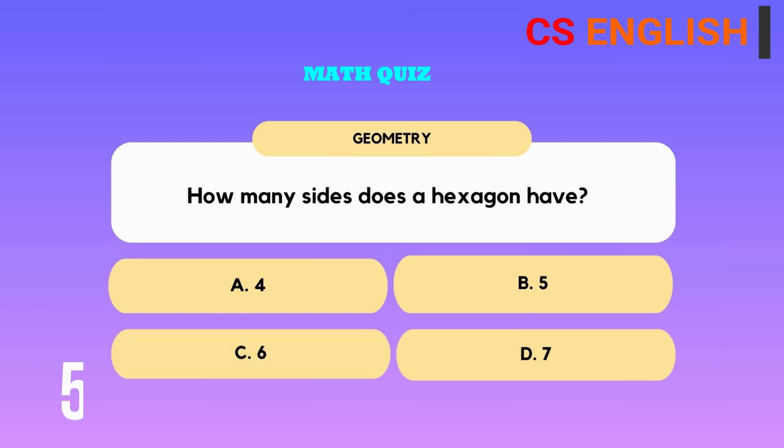Geometry. How many sides does a hexagon have? A. 4. B. 5. C. 6. D. 7.